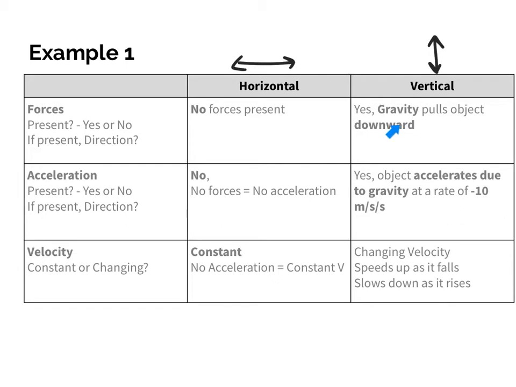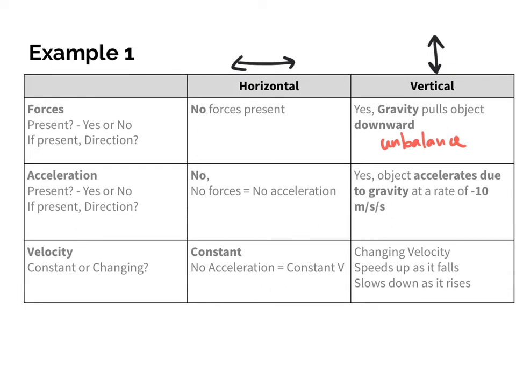So it all starts again with the forces. We know that in the vertical direction, gravity is pulling this thing downward. Now, if gravity is pulling downward, it creates what's called an unbalance of forces. And according to Newton's second law, if it's unbalanced, the object is going to accelerate. What we talked about back with free fall motion is that it accelerates due to gravity, at that rate of -10 meters per second every second.